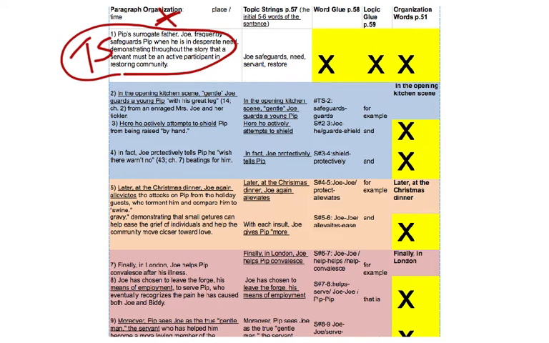Okay, so we've got word glue and logic glue. Word glue are the actual words that appear between the sentences. So, for instance, you have guards, and that is linked to safeguards here. So that's the entry that you place in that box between 2 and 3.